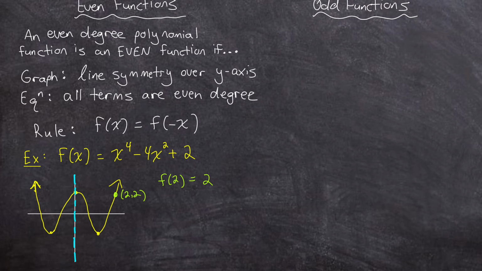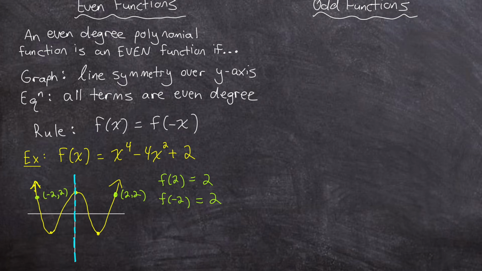And because this is an even function, I know this property holds true, which tells me that if I were to move 2 units to the left, the height would also be at 2. And if you were to evaluate f at negative 2, you would get an answer of 2 as well. Which means this point is the point negative 2, 2.